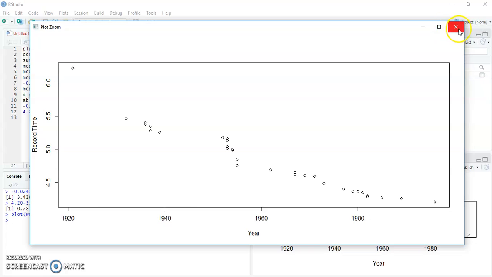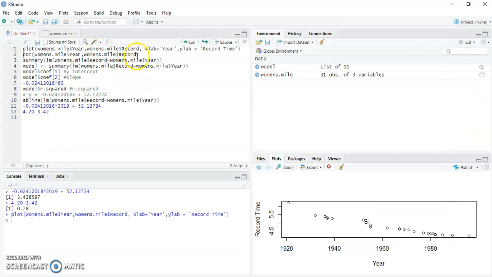But by and large, this is the process. We made a scatter plot, we looked at it, we made the model using the lm command, which is linear model, and then when we decided that the model was good, we used the command abline with the linear model in there to go ahead and graph it.